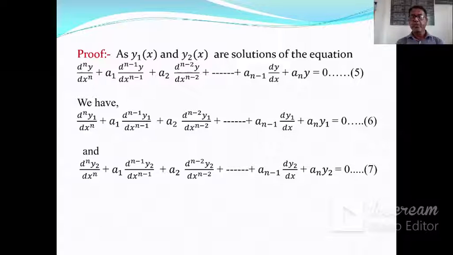And similarly, since y2 is a solution of this equation 5, y2 satisfies this differential equation 5. Therefore, we obtain d^n y2 by dx^n plus a1 d^(n-1) y2 by dx^(n-1) plus a2 d^(n-2) y2 by dx^(n-2) plus ... plus a(n-1) dy2 by dx plus an y2 is equal to 0.